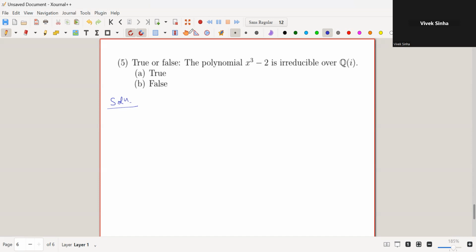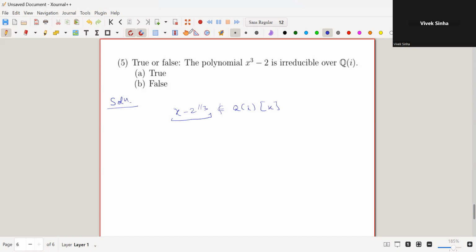Yes, but we are supposed to write polynomials in Q(i). x minus 2^(1/3) is not inside the polynomial ring of Q(i). So we cannot write this factor. Yeah, that's fine, sir.